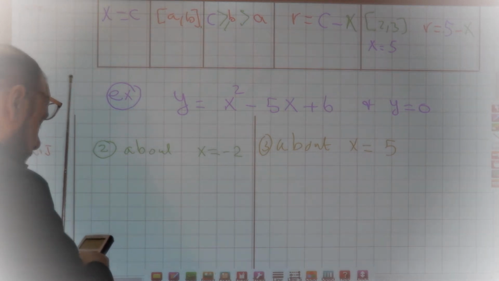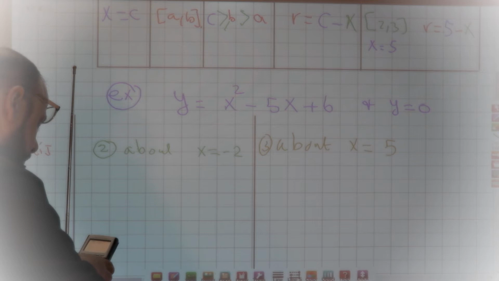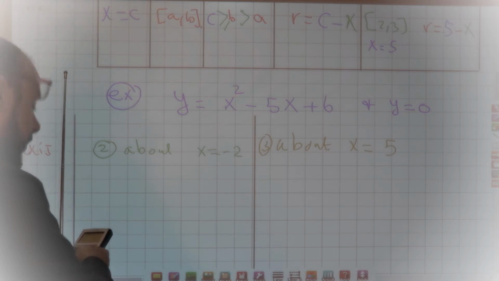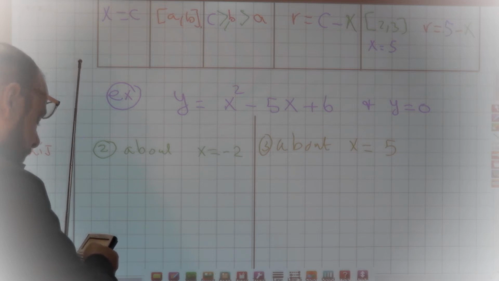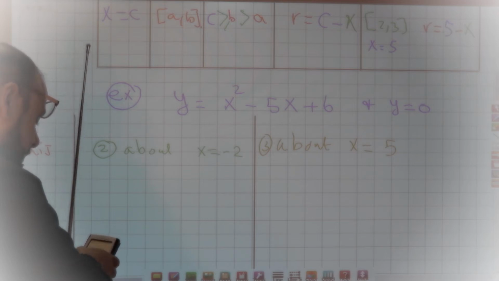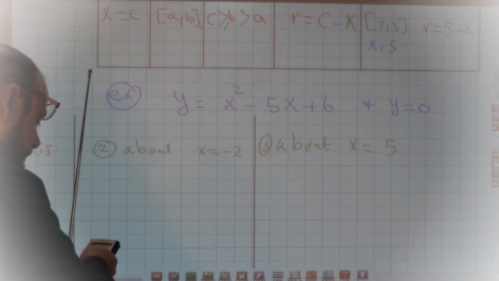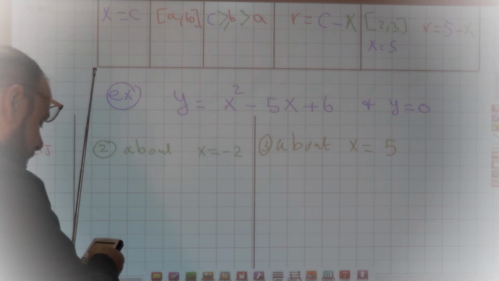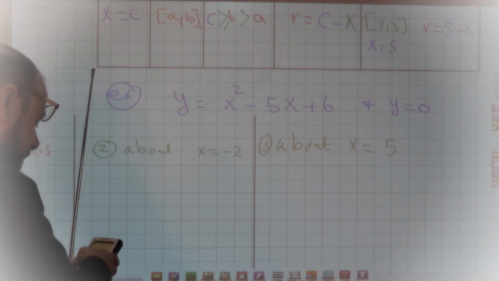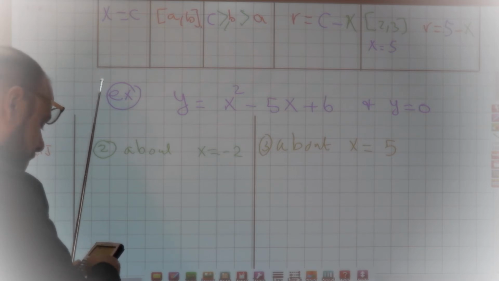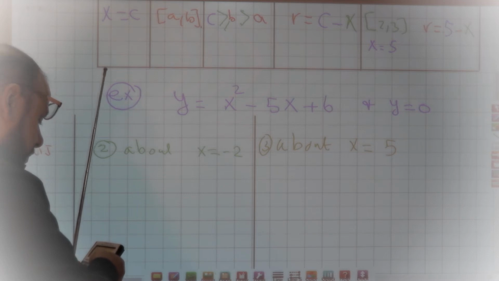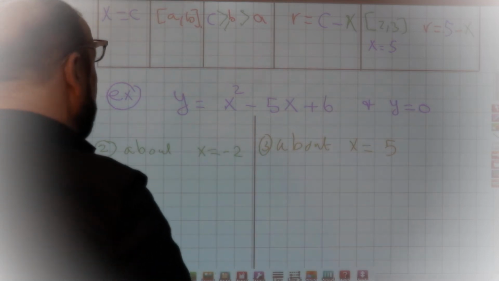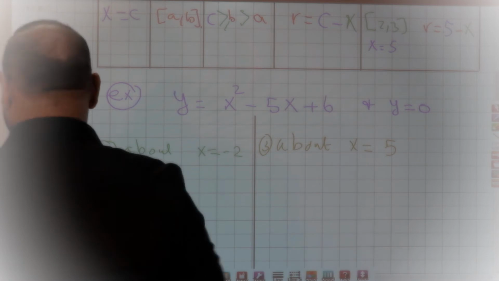x squared minus 5x plus 6. x squared. Let me just take this one line.